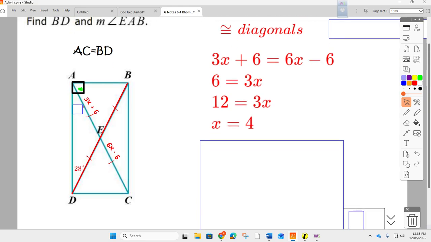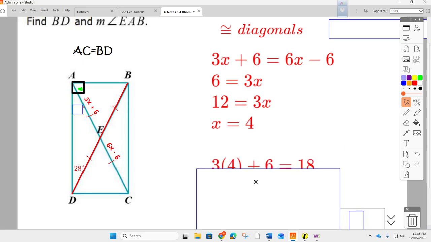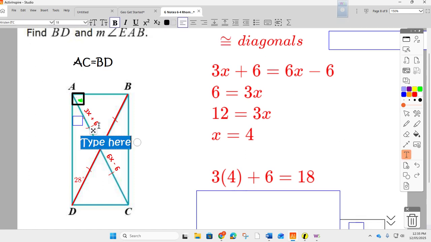I'm going to just plug into this first one. I could have plugged into 3x plus 6 or 6x minus 6. So 3 times 4 plus 6, that's 12 plus 6. So now we know AE is 18. If AE is 18, that means this one is also 18, right?